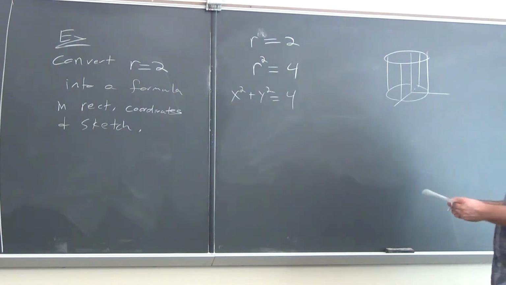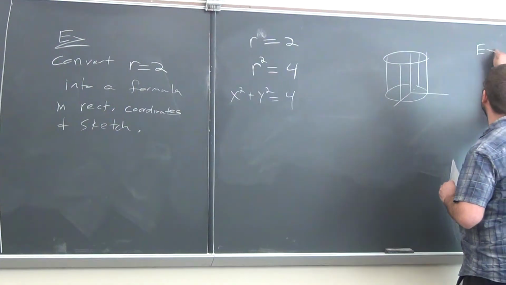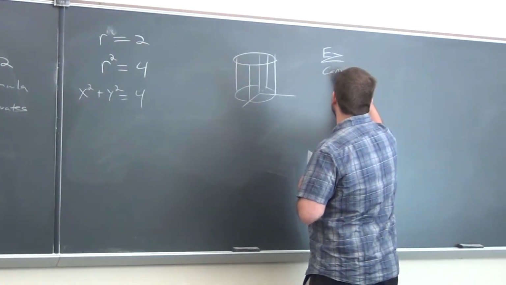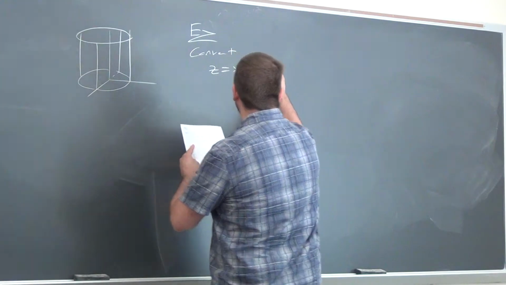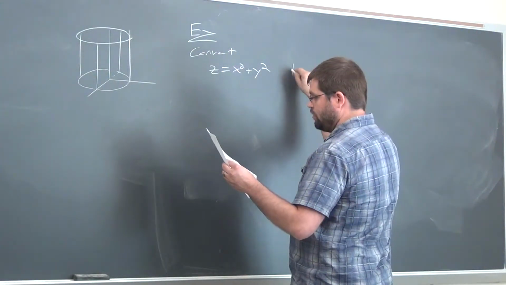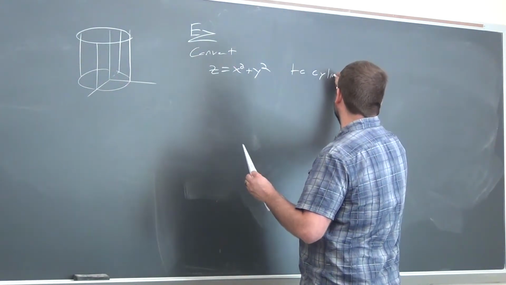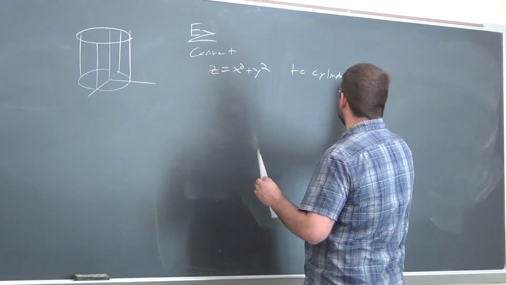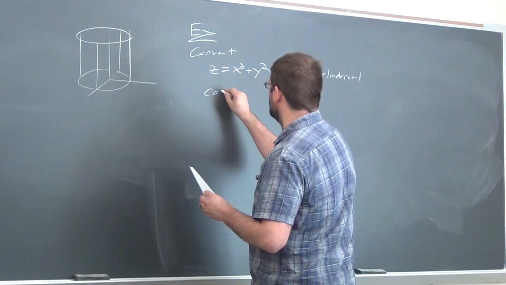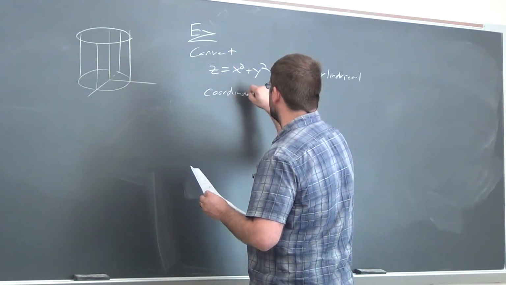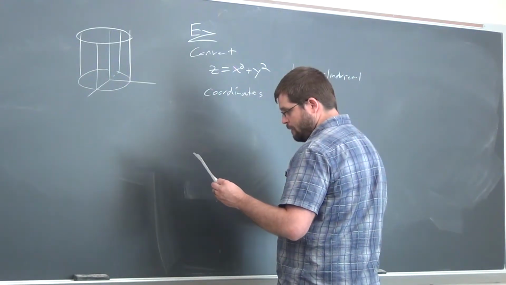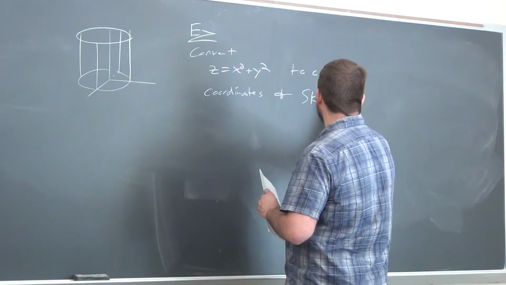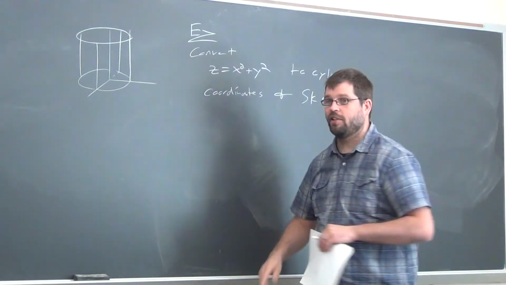Okay? Let's try another one here. Convert z equals, so this should be easy too, x squared plus y squared to cylindrical coordinates, and sketch. So just going the other direction.